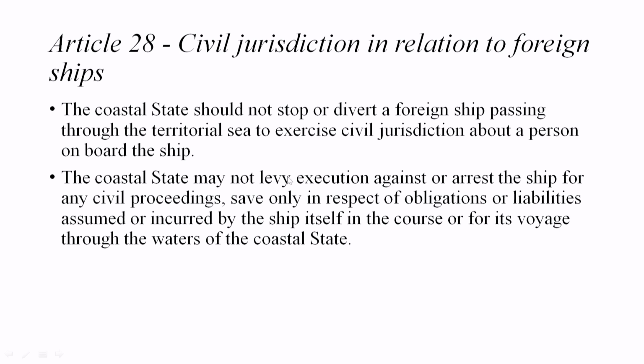The coastal state may not levy execution against or arrest the ship for any civil proceedings, save only in respect of obligations or liabilities assumed or incurred by the ship itself in the course or for its voyage through the waters of the coastal state. So if the ship has itself given part of it as a surety, or has taken a loan, or some other encumbrances are pending, in those cases the ship has to fulfill those obligations or conditions.